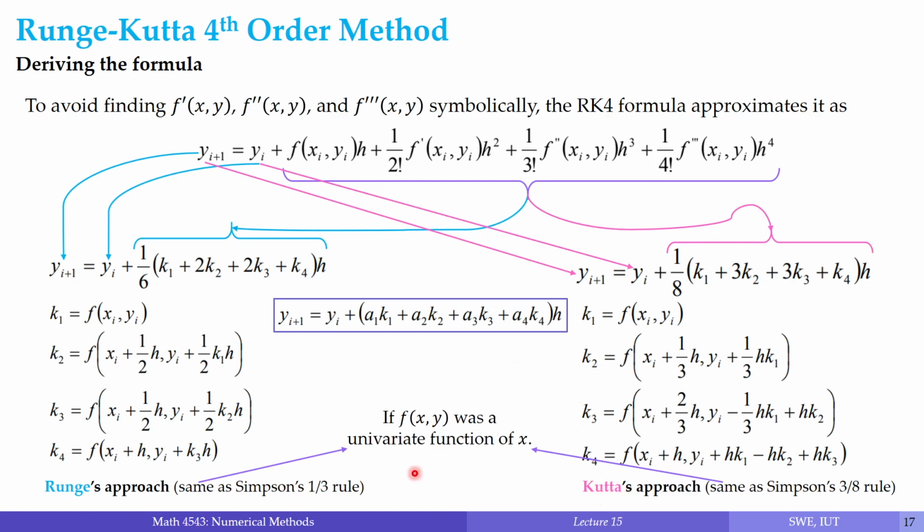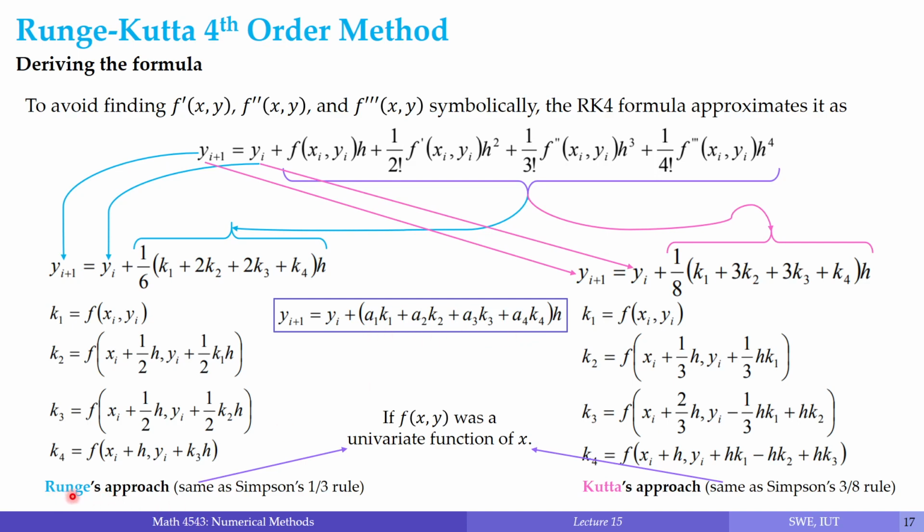Both of them are German mathematicians, as we have discussed before. Both of them came up with different approaches to arrive at the final formula of the RK4 method. We have seen that our RK4 method's formula was the compact version of something like this. So now it rests upon us what we want the values of the weights to be.